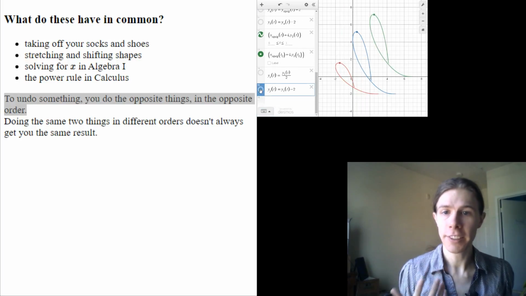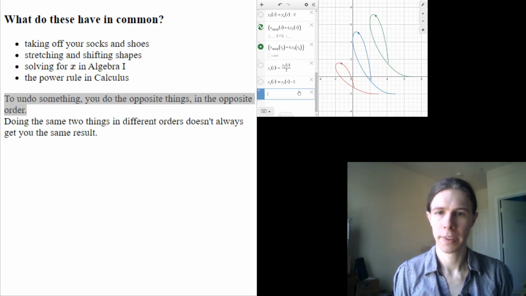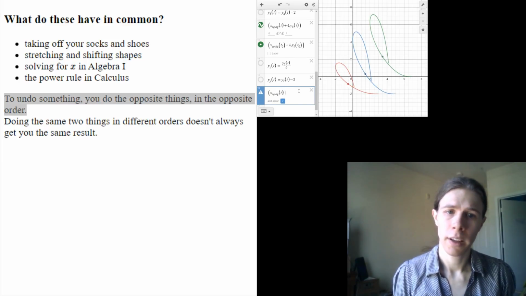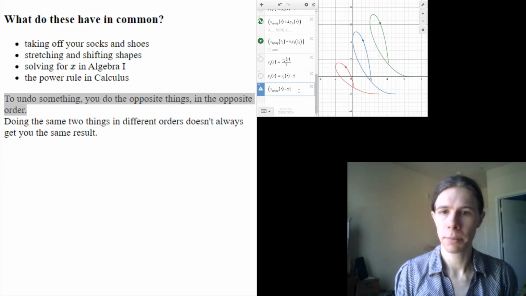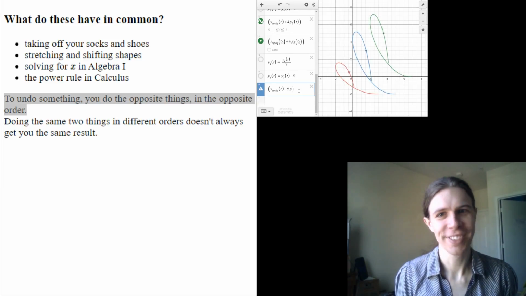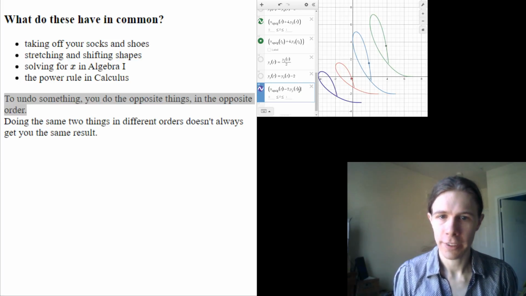Now I've undone the things that were done in A and B, but in the opposite order. Let me see what that looks like. We've got an x squig of t. I'm going to put it to the left, because I know what's going to happen, and put whatever happens here.